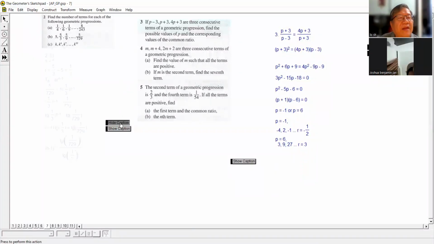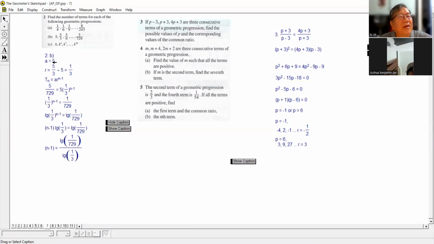Correct. So now the A is 5, the R is 1 over 3. Now Tn is A R to the power n minus 1. When you divide by 5, then it's 1 over 729.